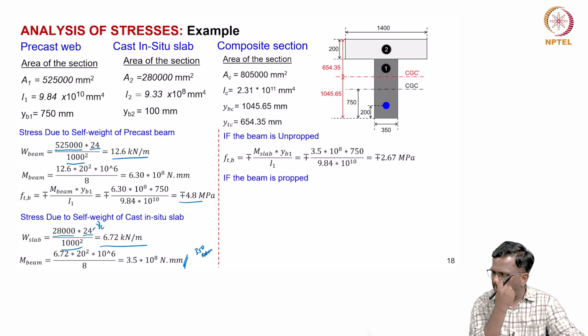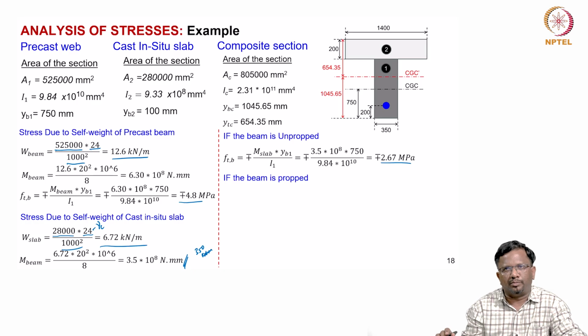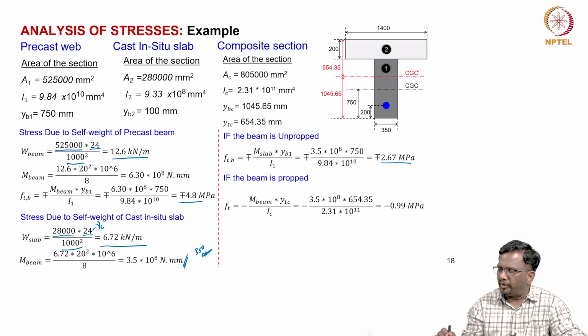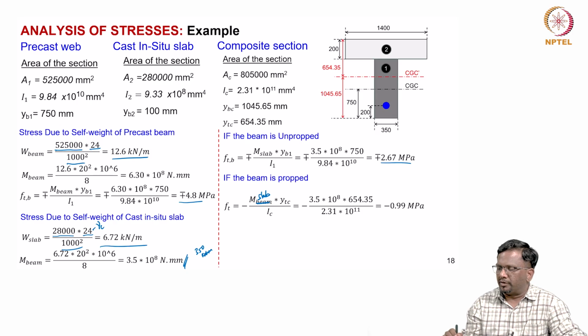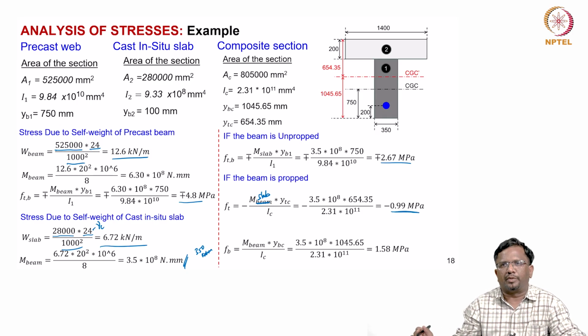So, if the beam is propped, I get 2.67 megapascal. If the beam is unpropped, if the beam is propped, you can see that I am going to get the moment of the beam times YTC, which is basically this. So, this is the slab, and I get a stress of 0.99 megapascal.